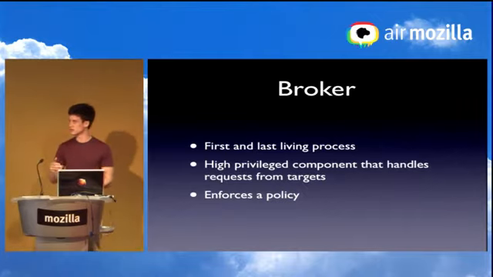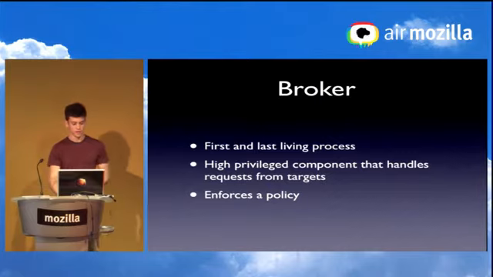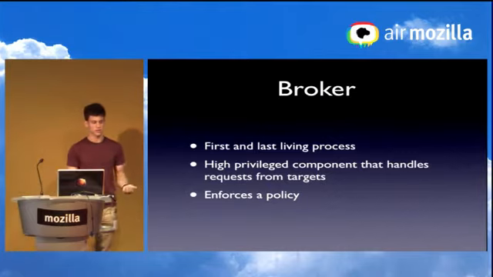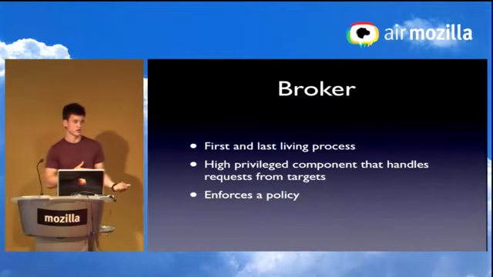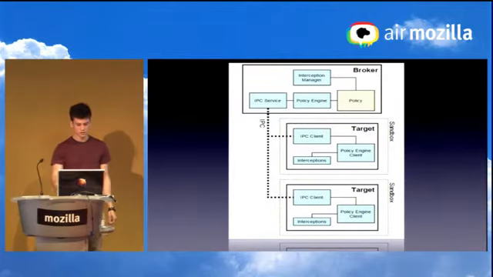They do so through an API to the broker. And the broker enforces a policy that's built from a series of rules which dictate which targets can access which resources. Like I was saying earlier about identifying which components need which resources, that all lives in the broker's policy.